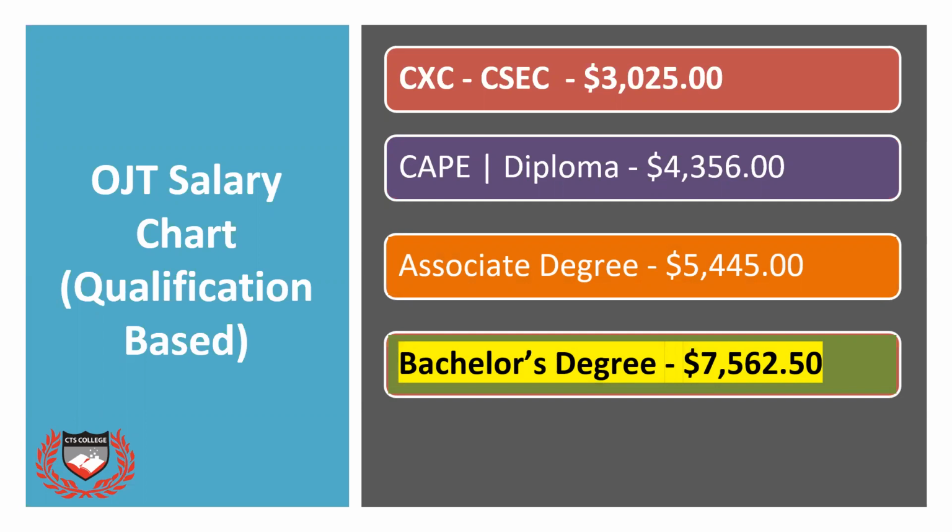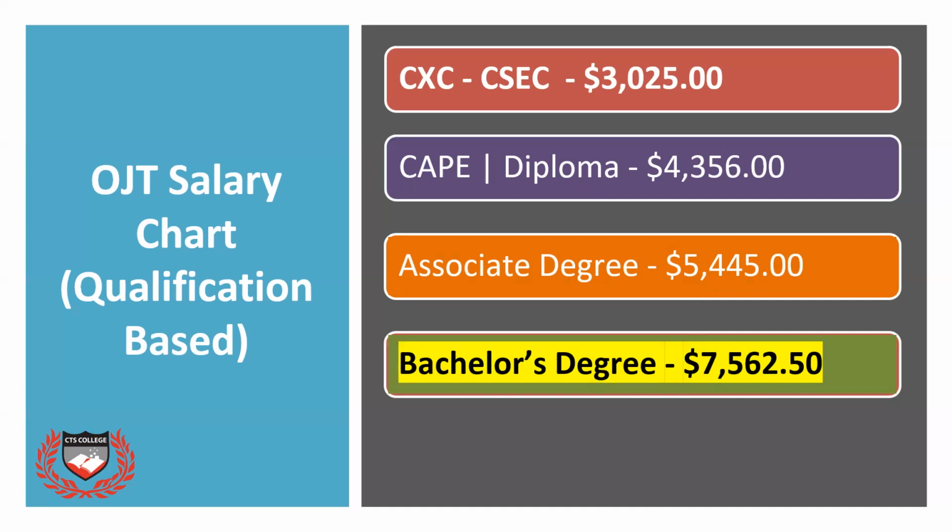If we look at that big gap between just the CXC qualification and the bachelor's degree qualification, there's a huge gap, a lot more money per month that you would be receiving. Even the gap between the associate level and the bachelor's level, right?